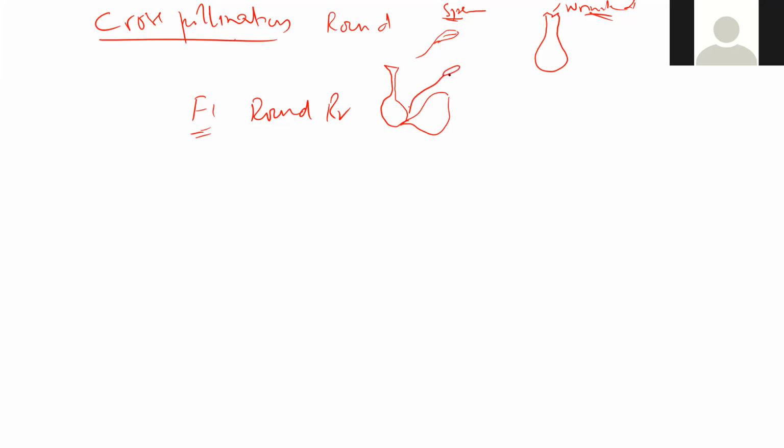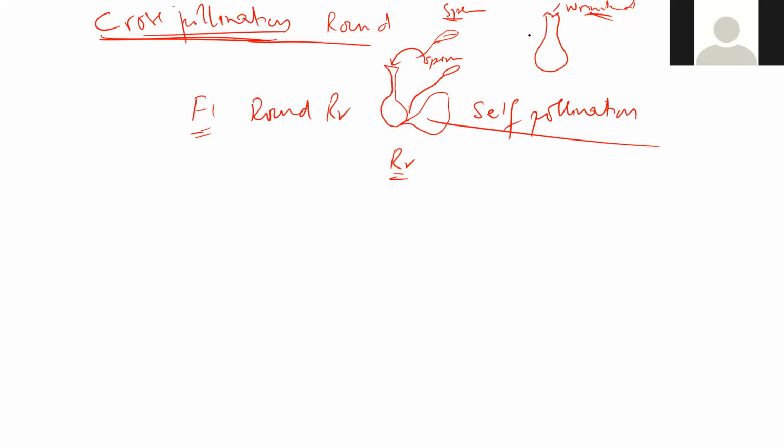So in this case, what we are doing, this individual, which is heterozygous round, I'm taking its sperm, which is a pollen grain, and throwing it on its own parent in its own stigma. Now, this is called self-pollination. This is called cross pollination.